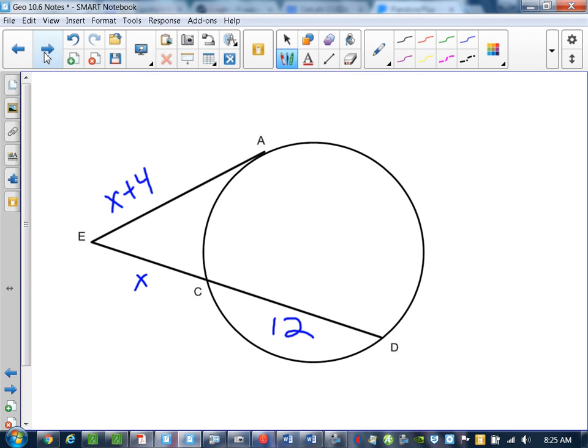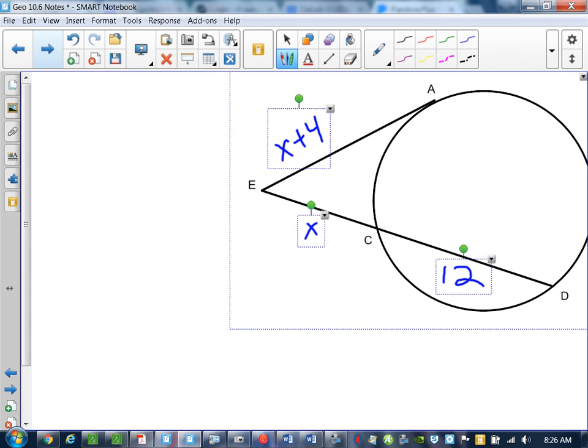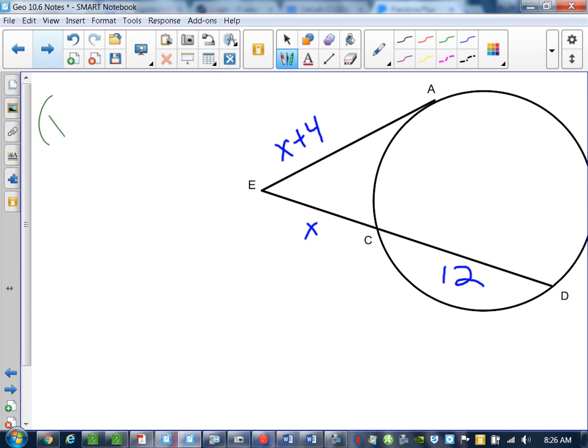So again, we have a tangent segment, an outside, and a whole. Algebraically, we have to make sure that we write this out correctly. Which one of these is the tangent segment? The x plus 4. So it's going to be the quantity x plus 4 squared. Your outside is x, and your whole is x plus 12.